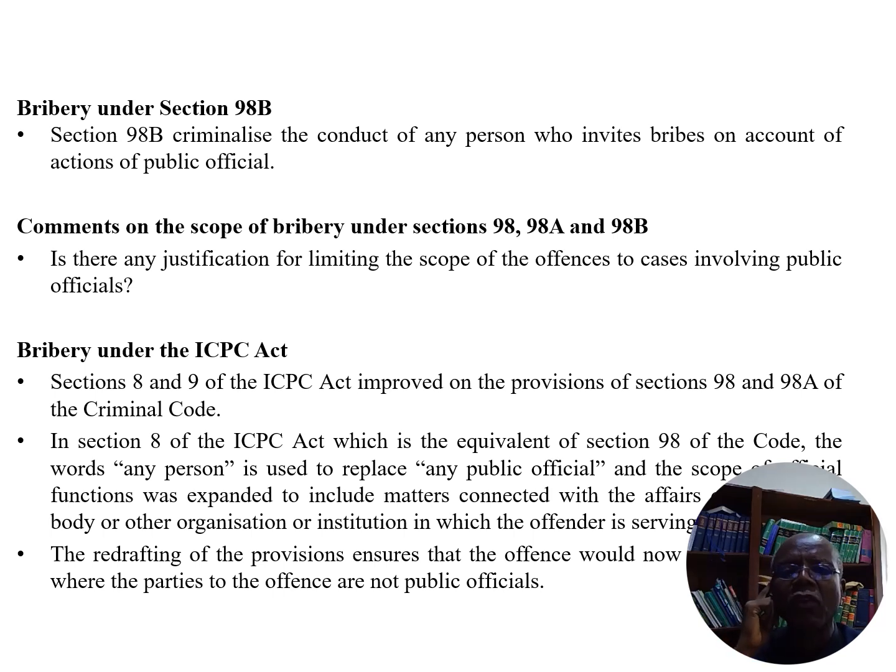That criticism is also available against sections 98, 98A, and 98B. Bribery is not only confined to transactions involving public office. Bribery also occurs in transactions involving only private officials.